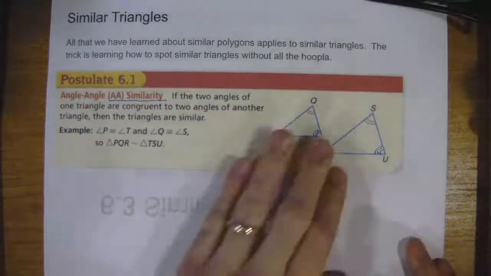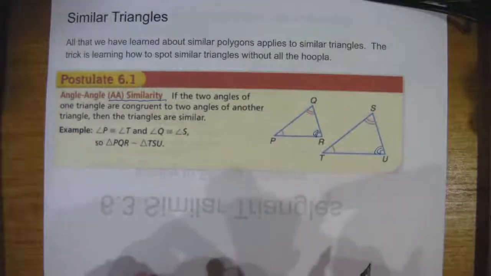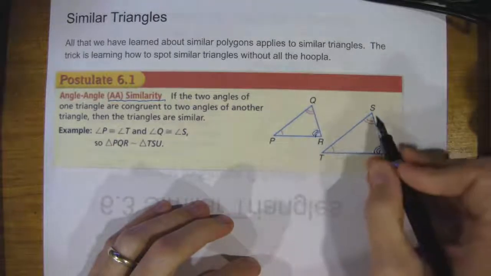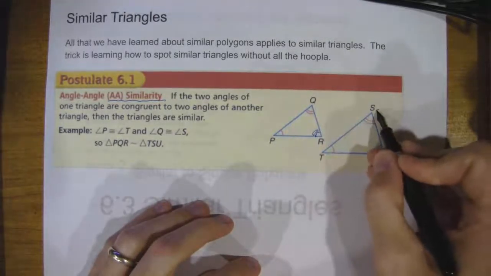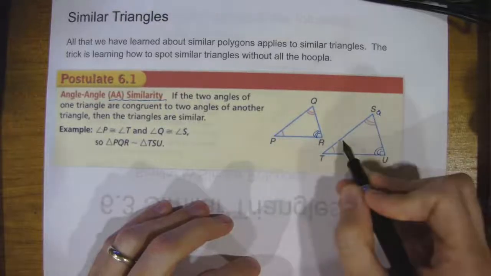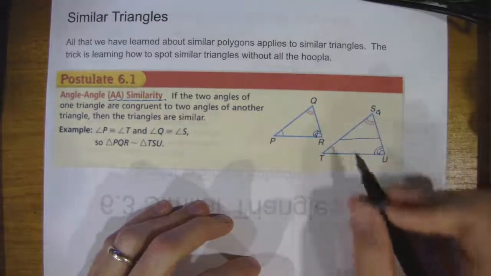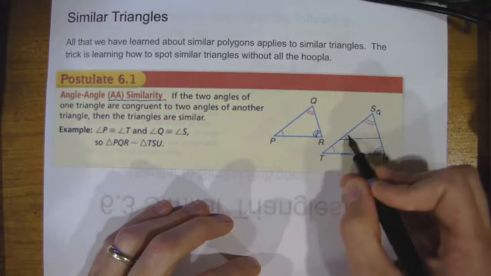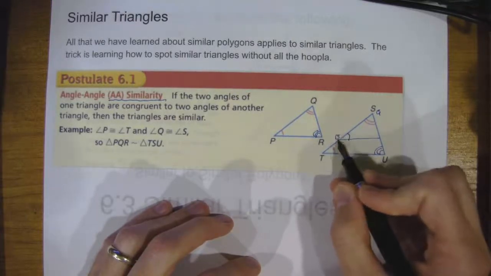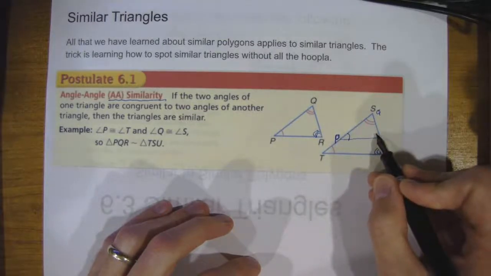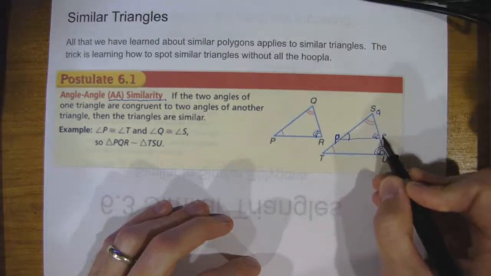Proving this doesn't take a whole lot of effort. One way to do it, for example, is to take QPR and put Q at S, so we'll put a Q here, and then just redraw this triangle. Notice these angles match up, so the sides would match up. P and T match up, and R and U match up.